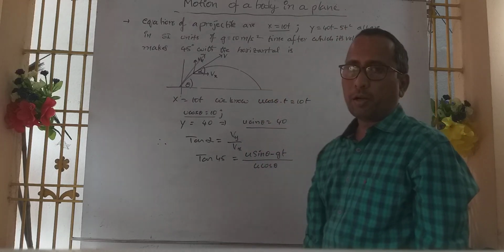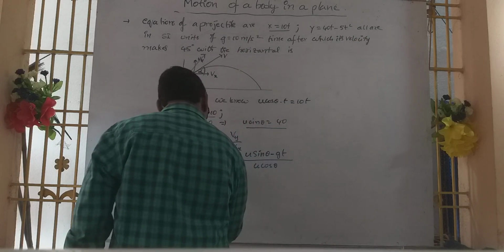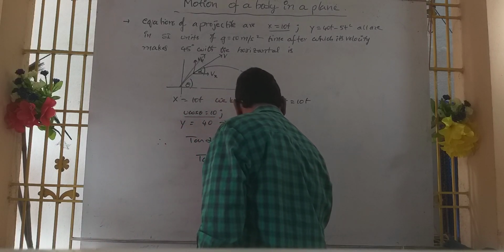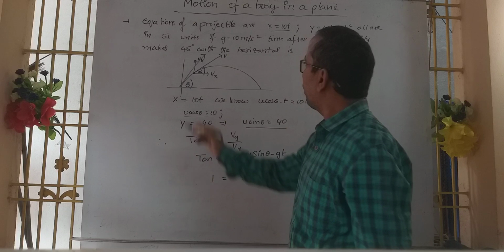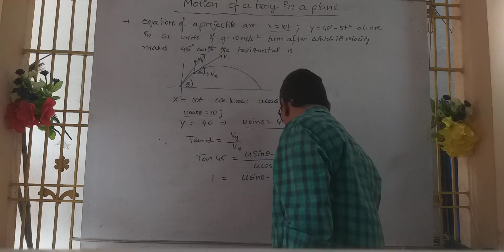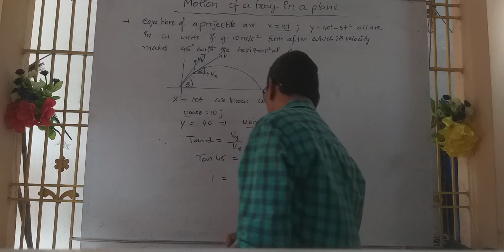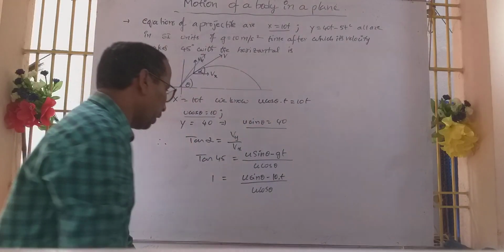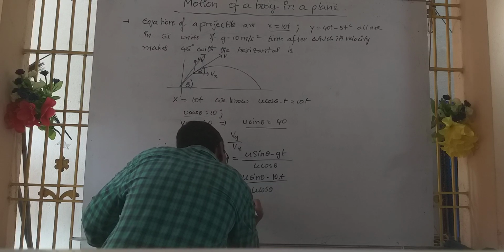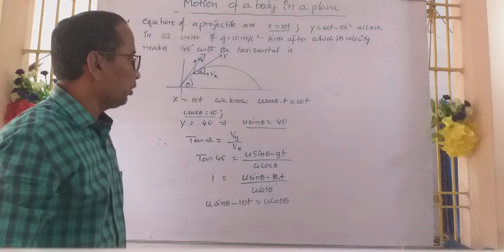Okay? What is the value of tan 45? Tan 45 is 1. That's why we can say 1 is equal to u sin theta minus g t, where g is given as 10, by u cos theta. On cross multiplication, we have u sin theta minus 10t is equal to u cos theta.